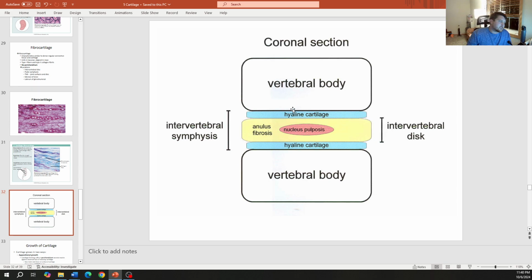If we think about this, the nucleus pulposus and the hyaline cartilage, so much of it is made up of water that this is why hydration is super important. And actually, this whole region, the whole disc, receives its nutrients through a process called imbibation. Okay, it's a fun little word. Imbibation.